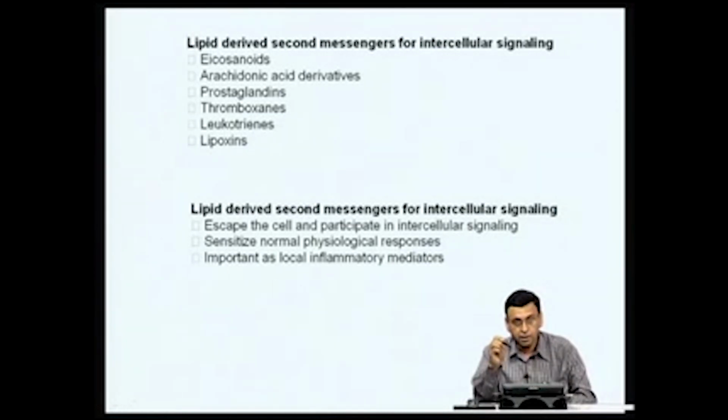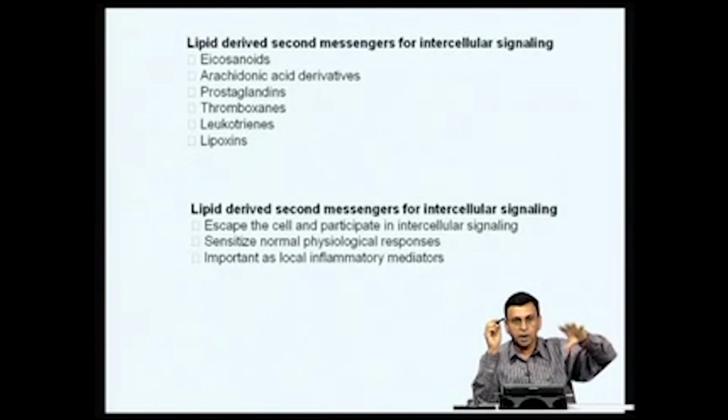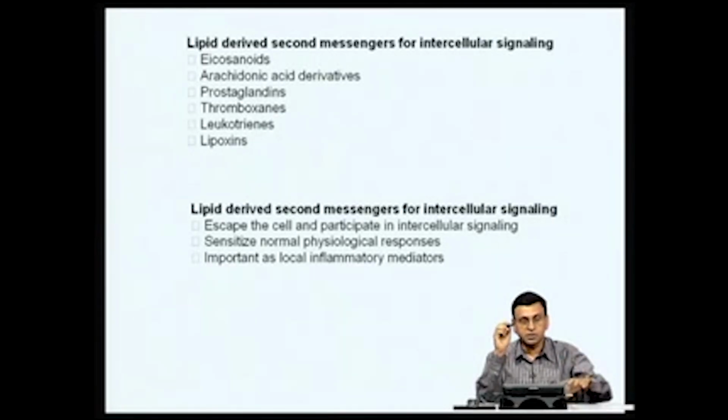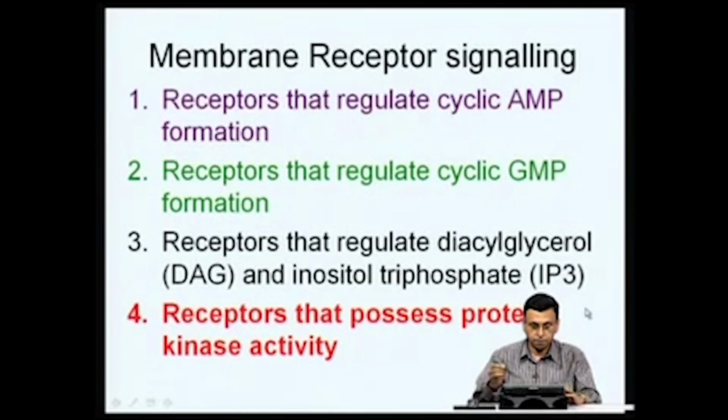So, you can see activation of these lipid based second messengers has a very important role, not only in controlling a number of physiological processes, but also for a number of therapeutic benefits. So, a number of drug molecules which either block or activate these second messenger pathways are used routinely as anti-inflammation agents and in pain management and so on and so forth.